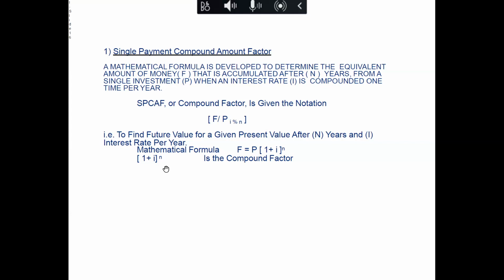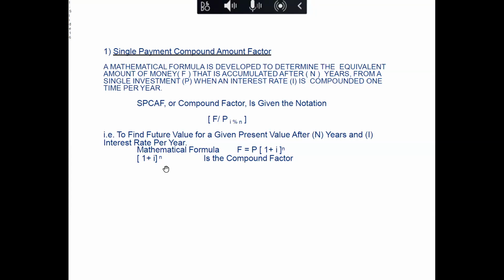If I invest 100 naira in a business, and the interest rate is I, after n number of years, what will be the worth of the money? We're all engineers.